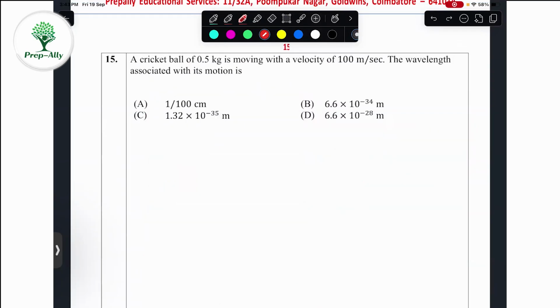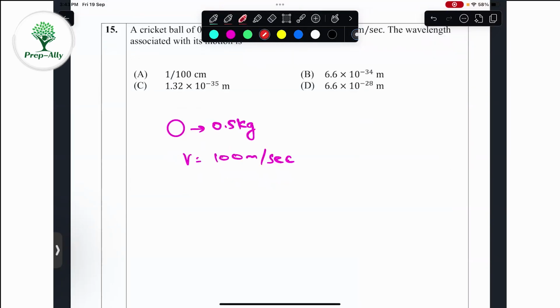Okay. A cricket ball of 0.5 kg is moving with a velocity of 100 meter per second. So I have a cricket ball. This weighs 0.5 kg and its velocity is 100 meter per second. The wavelength associated with its motion.